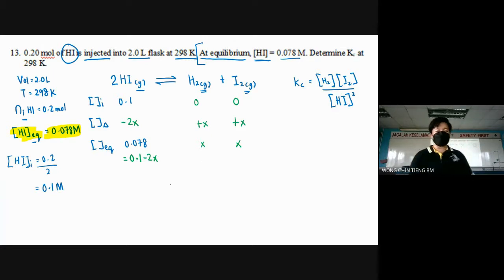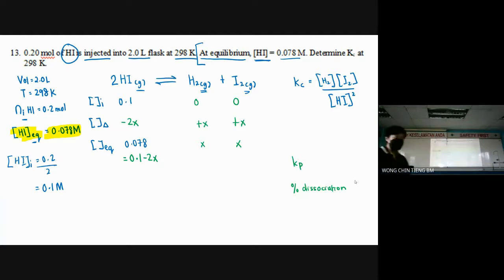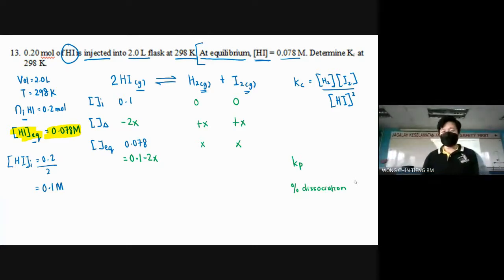Okay, saya nak tambah soalan. Saya nak Kp value. Saya nak percentage of dissociation. Yang duduk kat rumah, saya nak jawapan Kp. Saya nak percentage of dissociation. Is that okay?